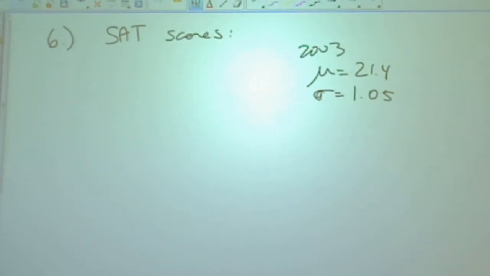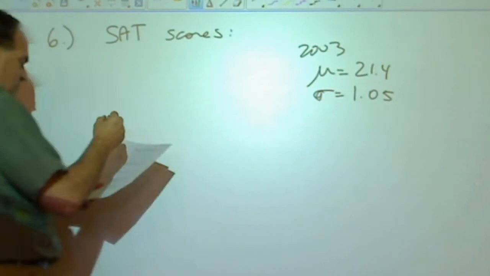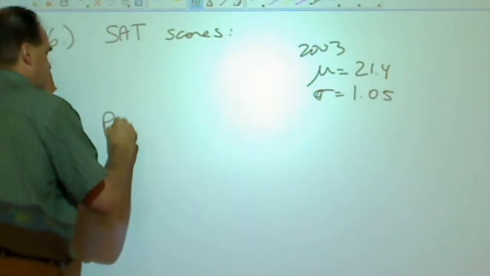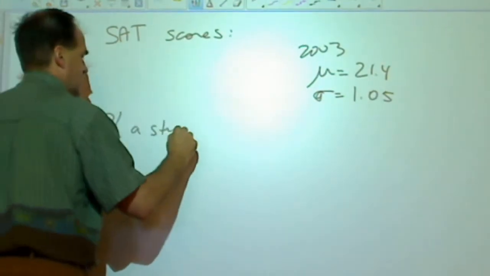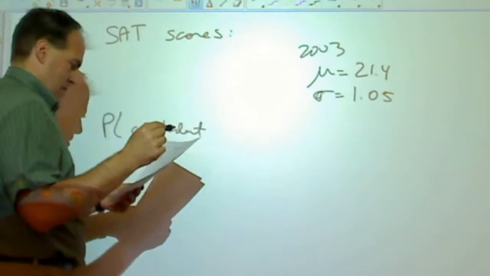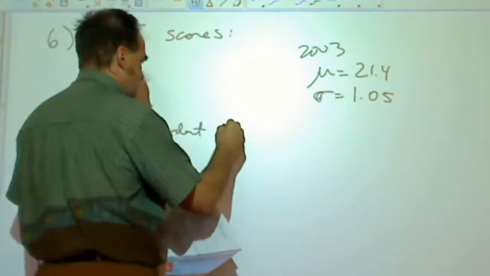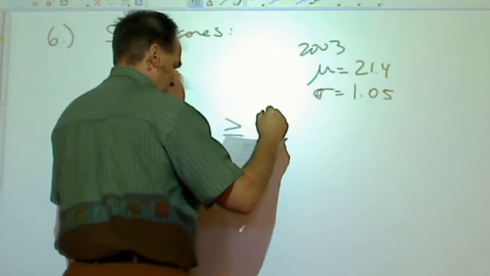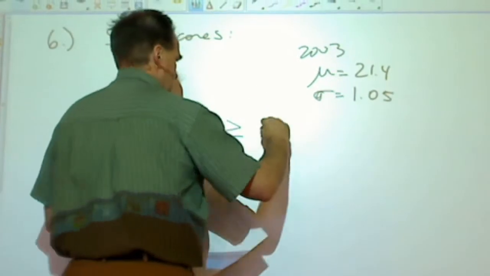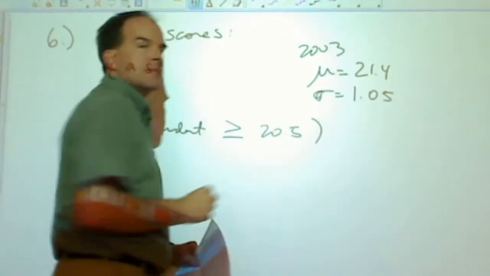Average composite, yep. Okay, so what is the probability? Number 6, the probability a student scores greater than or equal to 20.5.